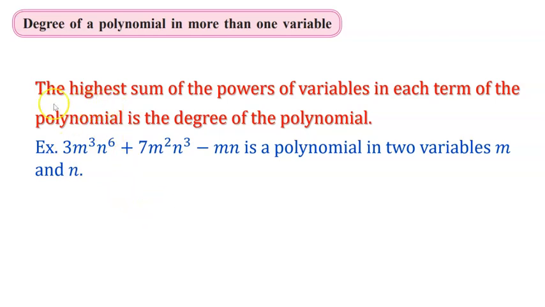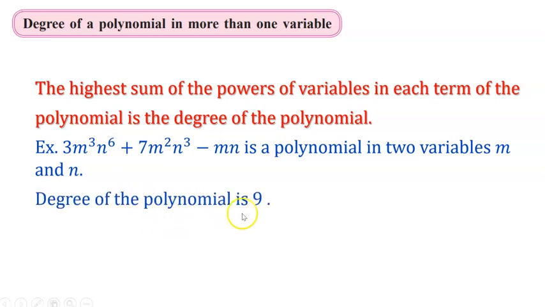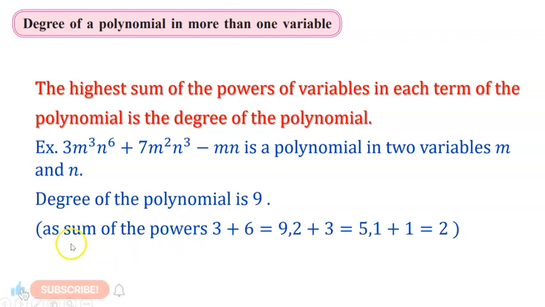Therefore we have written here the highest sum of the powers of the variables m and n. इथे variables आहेत, their sum 3 plus 6 equals 9. The degree of the polynomial is 9 here, as the power of m is 3 and n is 6. If we add it, then you will get 9 here.